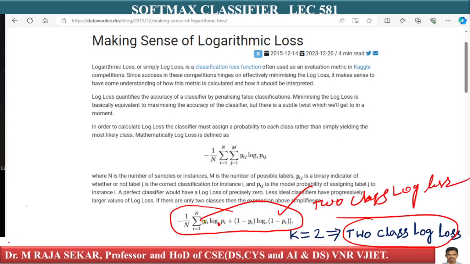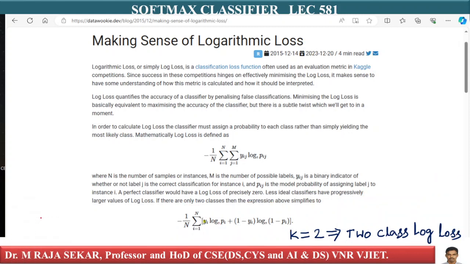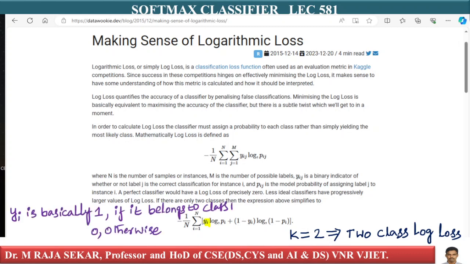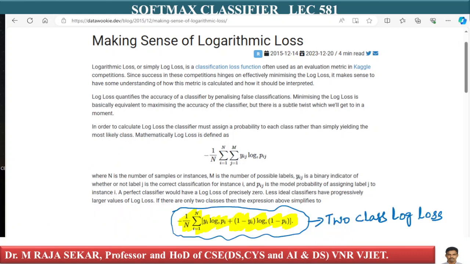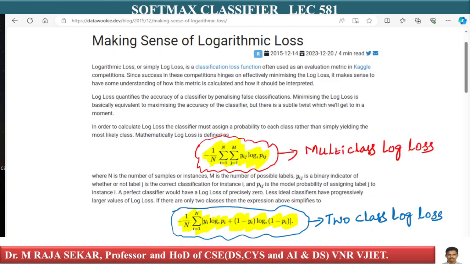That's what it says, isn't it? Anyway, we'll try to understand: yi is basically 1 if it belongs to class 1, 0 otherwise. What is my Pi? Pi is basically P of yi equal to 1 given xi. This is 2 class log loss, and this one is multi-class log loss.